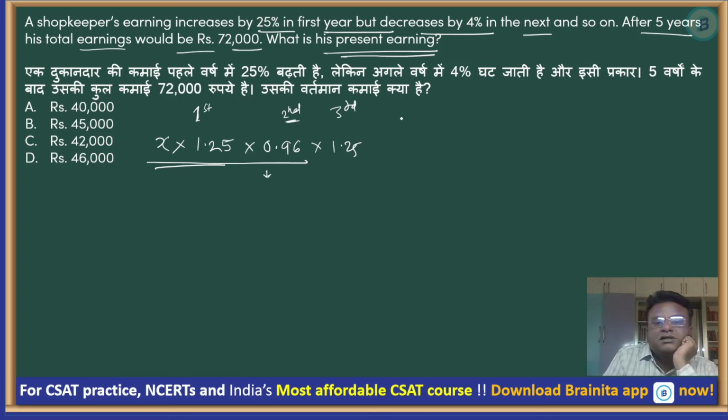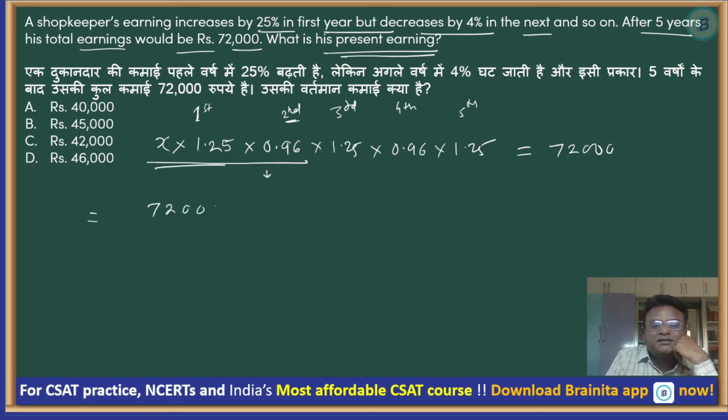So this is first, second, third. In fourth and fifth, what would happen? It will get reduced by 4% and increase by 25%. Now this amount has been given as 72,000. You have to find the value of X. I think this is an SSC type of question, but let me explain it to you.